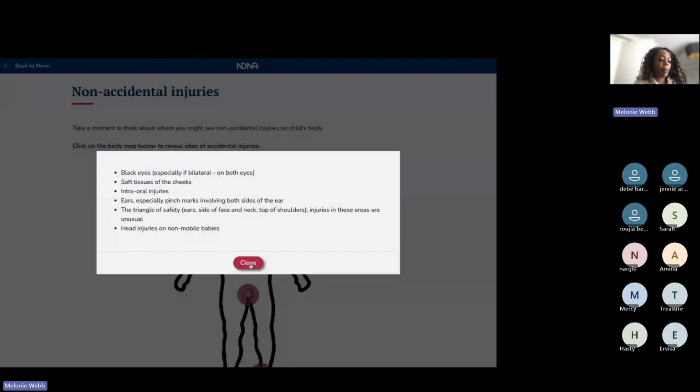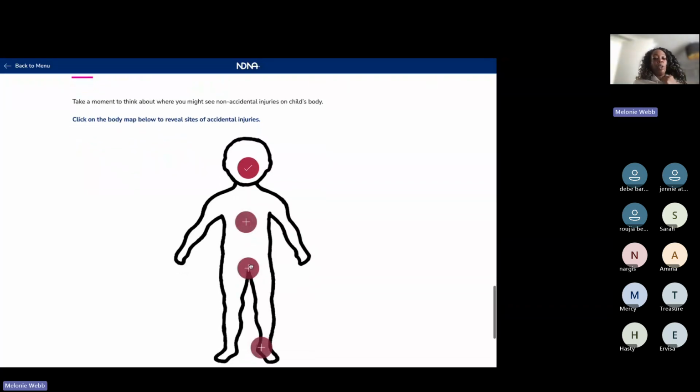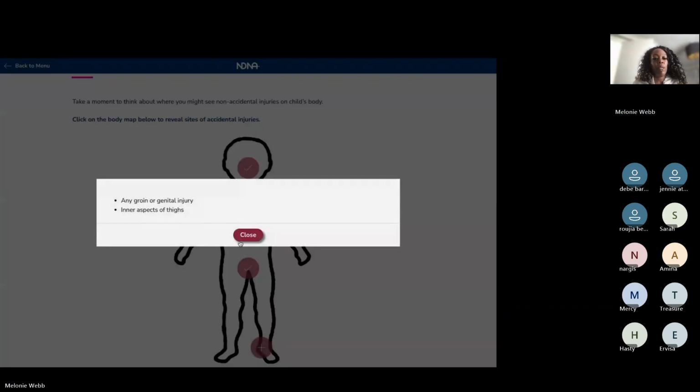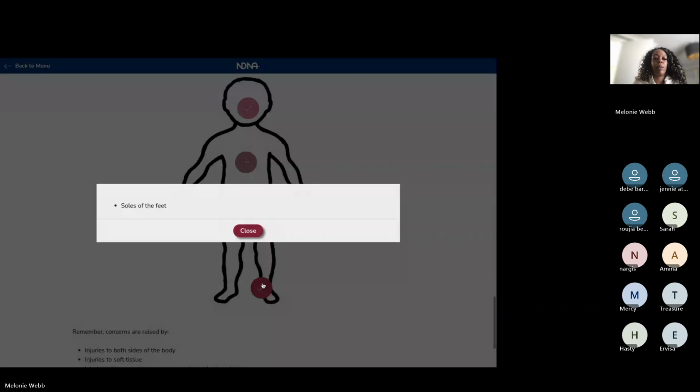So if you've got a baby who is 2 months old and they have a head injury, that might alarm you to it being non-accidental. So any groin or genital injury, inner aspects of the thighs, as Treasure said, and the soles of the feet.